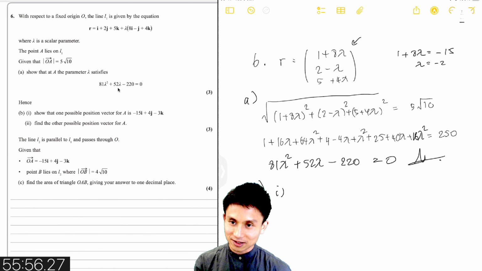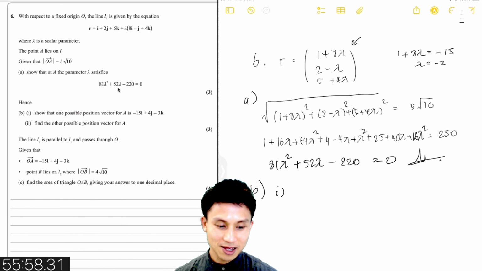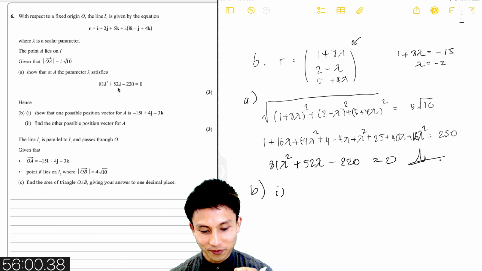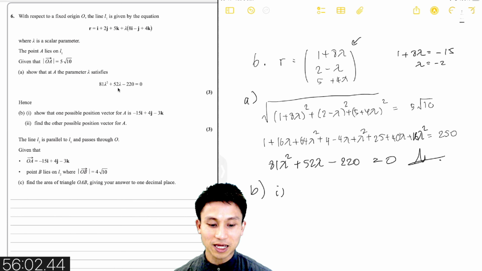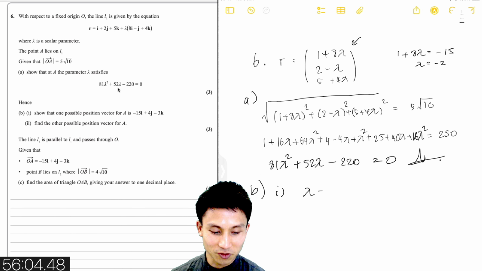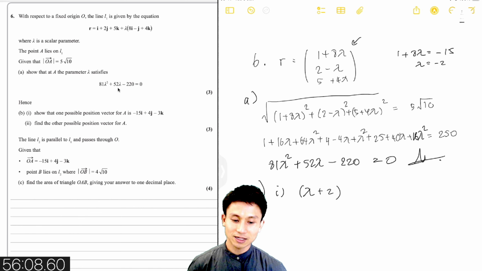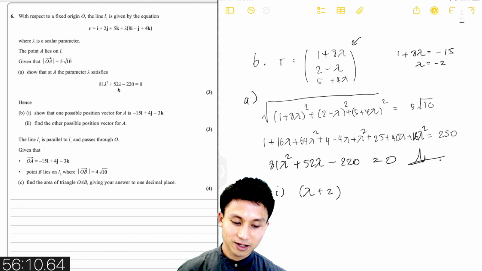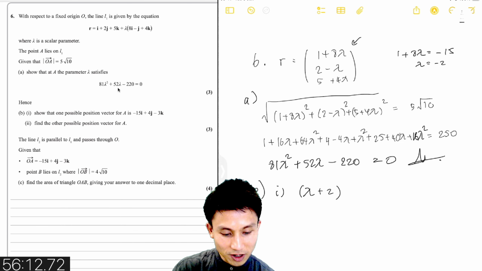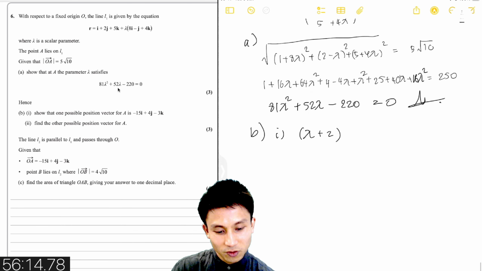But we don't write this as the working, right? This is working backwards. So we know that lambda equals 2. That means one of the answers should be 2 plus 2. Yeah? Okay. And if we do, what do we do? If we do long division maybe?